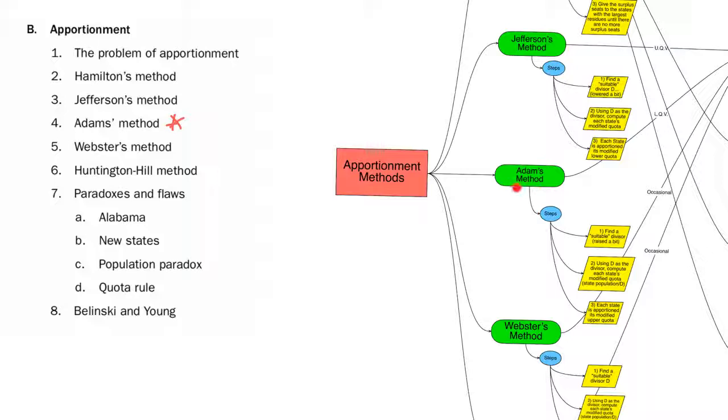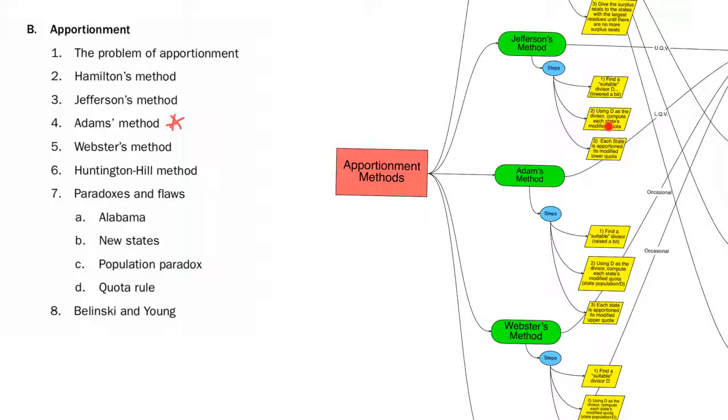So in a way, this Adams method is a sort of reflection of the Jefferson's method. Jefferson's method has you finding a suitable divisor that is lowered a bit. Adams' method has you find a suitable divisor that is raised a bit. The Jefferson's method has you computing the state's modified quota. Well, same thing with the Adams method.